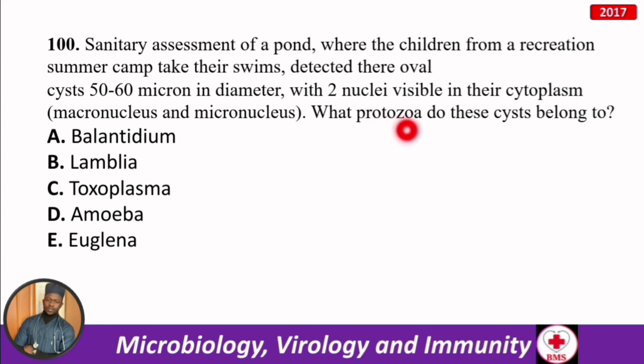What protozoa do these cysts belong to? Two nuclei, macronucleus and micronucleus, is Balantidium coli. Sometimes they tell you that the protozoa is ciliated. Balantidium coli is the only ciliated protozoa. Another buzzword associated with it is pig's toes.